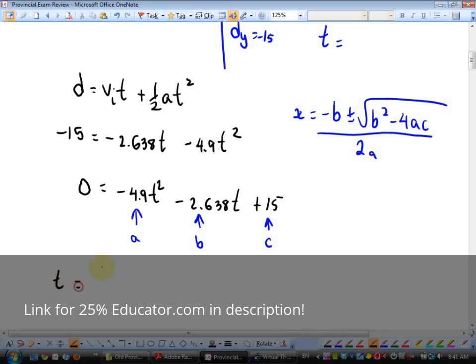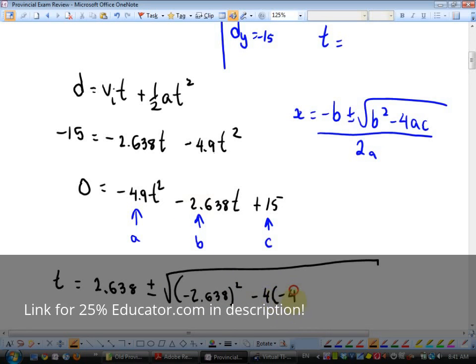T equals, I'll use T equals instead of X. Negative B, negative 2.638 is going to be positive 2.638, plus or minus the square root of negative 2.638 squared, there's B squared, minus 4 times A, negative 4.9, times C, positive 15, all over 2a, which is negative 9.8.